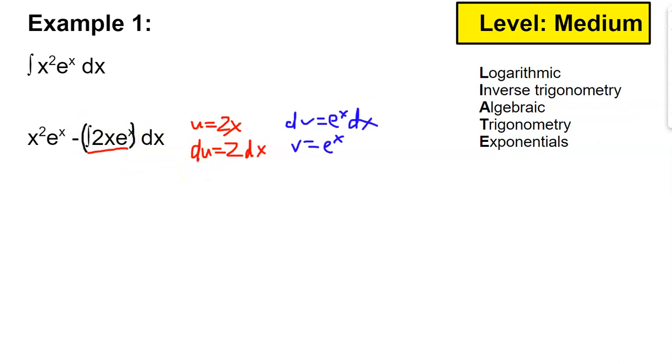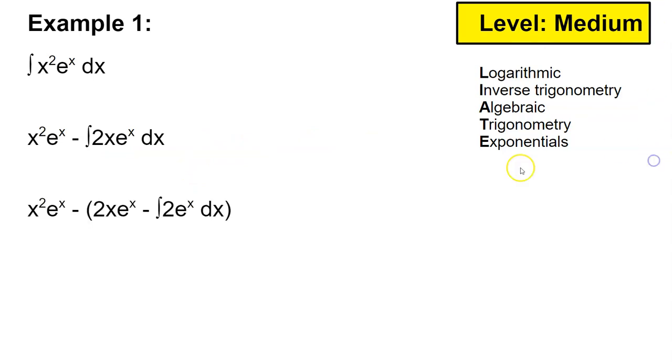And what that turns out to be is x squared e to the power of x minus all of 2x times e to the power of x minus the integral of 2 times e to the power of x dx. This time, you can see on our integrand, we can just use simple integration methods because there's no other variable other than just e to the power of x.